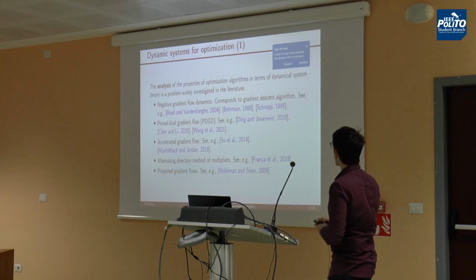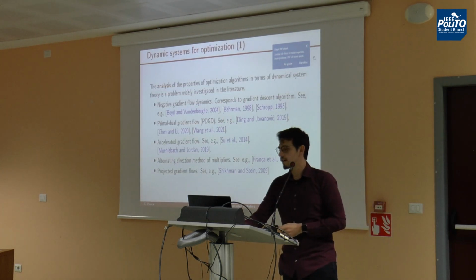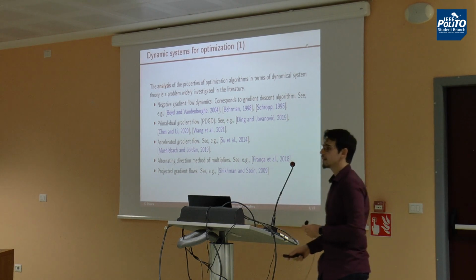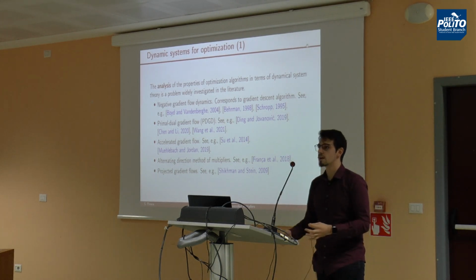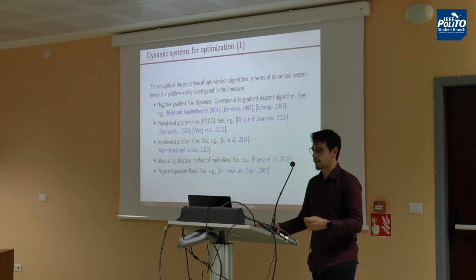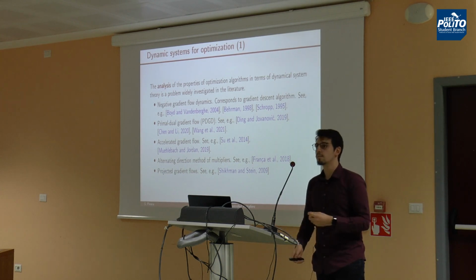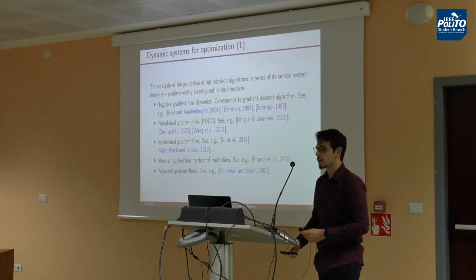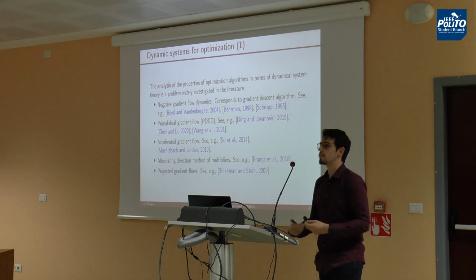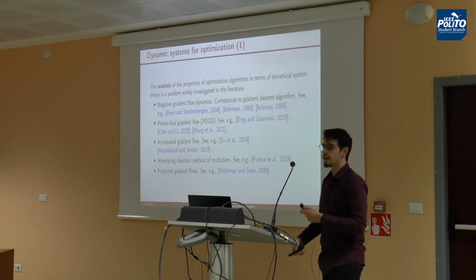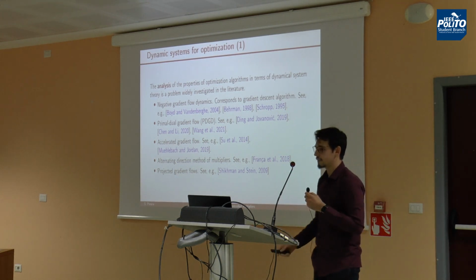So basically this work investigates the relationship between dynamical systems, which are modeled by differential equations, and optimization algorithms, which are algorithms we use to find the minimum of a function, eventually subject to constraints.